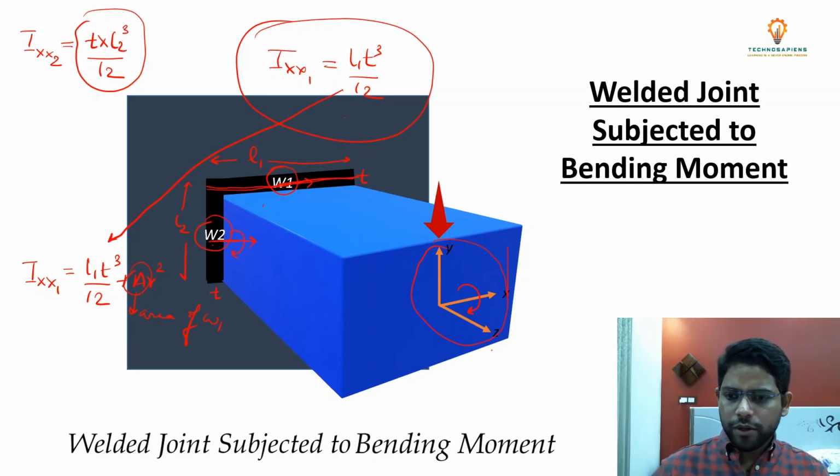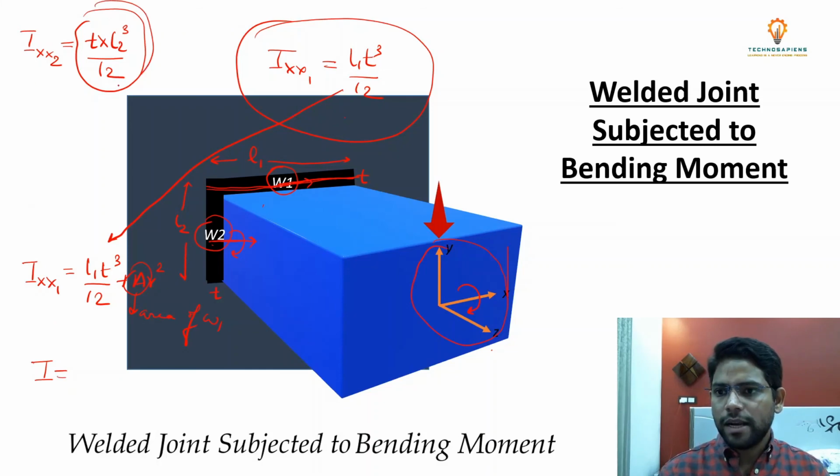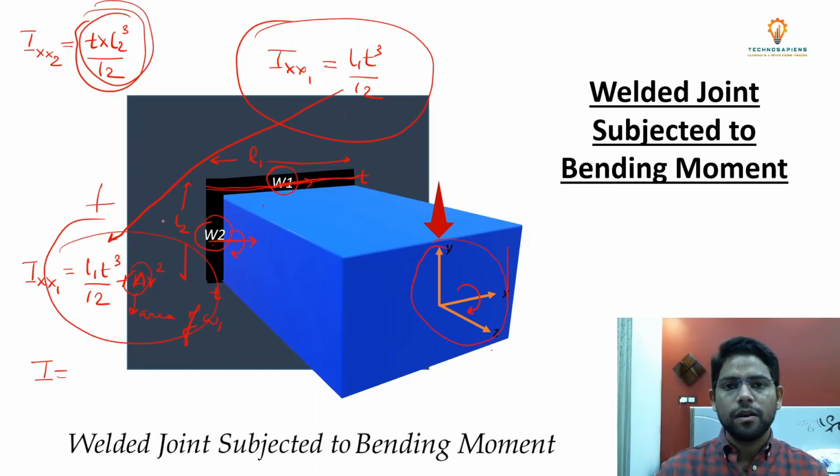So the overall second moment of area of all the welds will be equal to this value plus this value. This is how you are going to calculate the second moment of area.